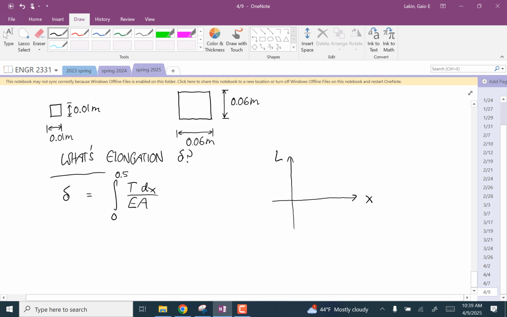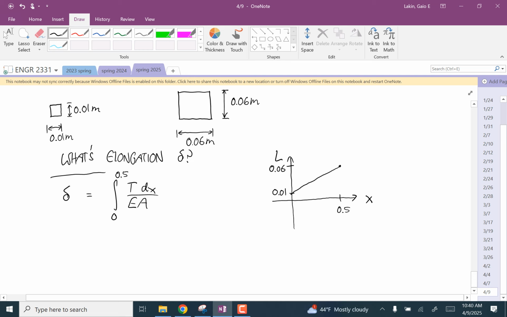It starts out at 0.01 meters and ends at 0.06 meters. And so we want an equation for that line in terms of x. We're trying to put everything in terms of x so we can integrate over x.